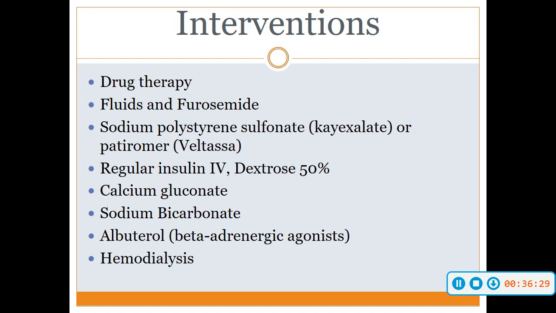So our regular insulin brings that potassium into the intracellular space using the sodium potassium pump. Our dextrose 50% keeps our blood sugar stabilized. Okay, but you still need to be checking blood sugars. Our calcium gluconate, sometimes they'll give calcium chloride. It protects our heart muscle from ventricular fibrillation.